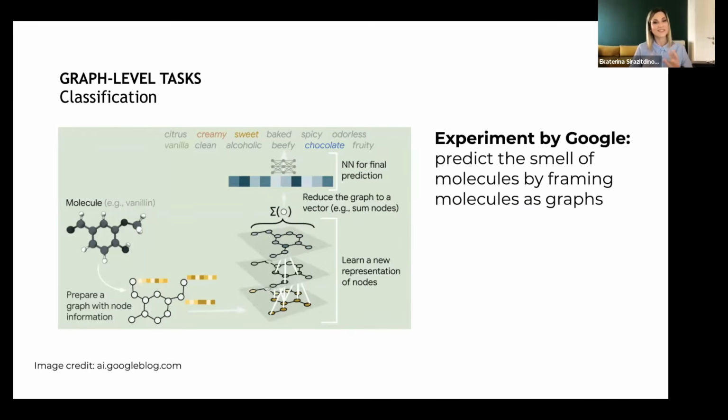They ran a very interesting experiment to predict the smell of molecules by framing all molecules as graphs. By doing that, they were able to predict smells of new molecules which are not labeled in the data set. A very interesting use case.